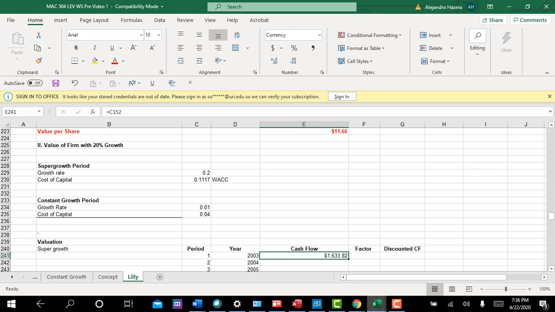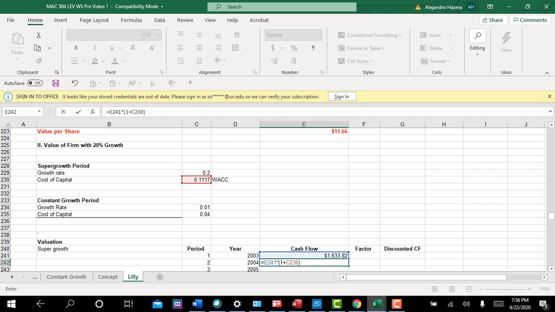Okay, and then for this next cell here, I'm going to take 1633, and what we're going to take is equal to that times 1 plus the super growth rate.